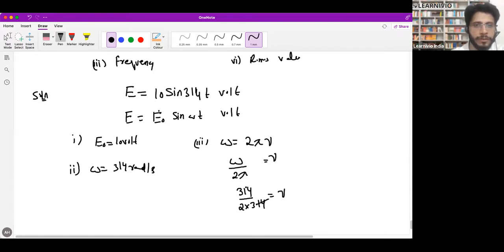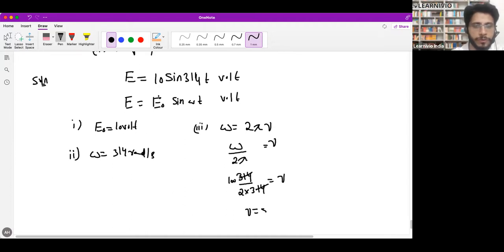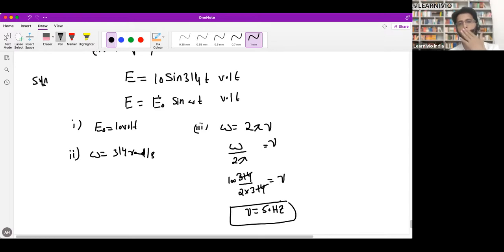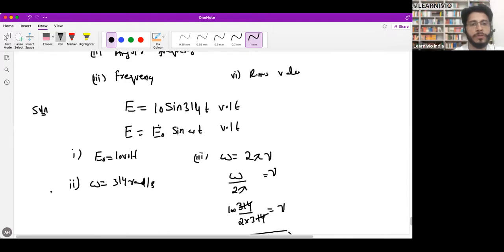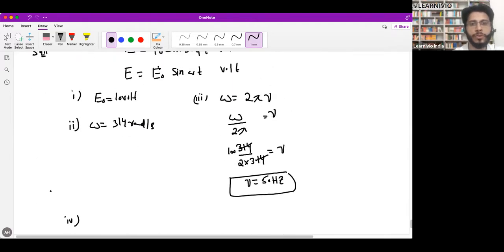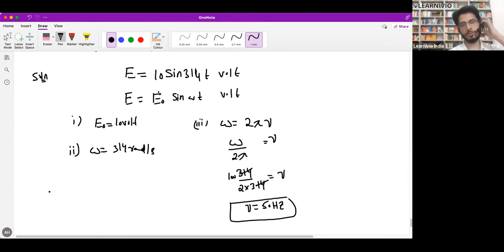So when you divide them, it's 100, and 100 by 2 is 50. So nu is 50 hertz.